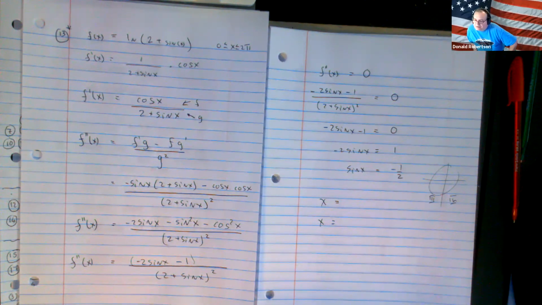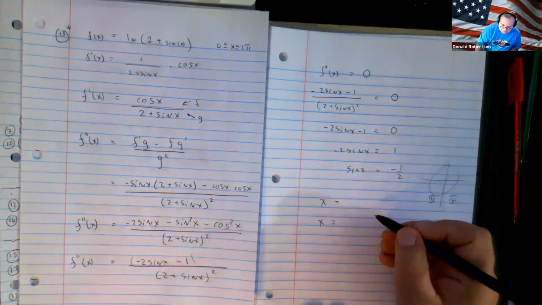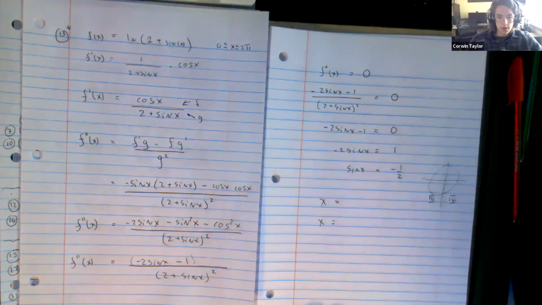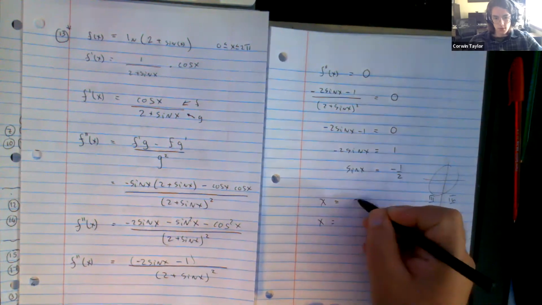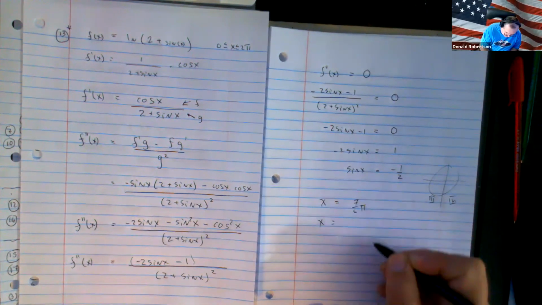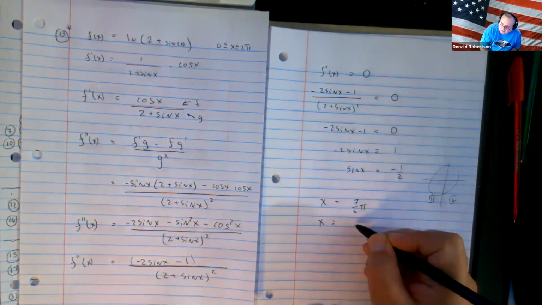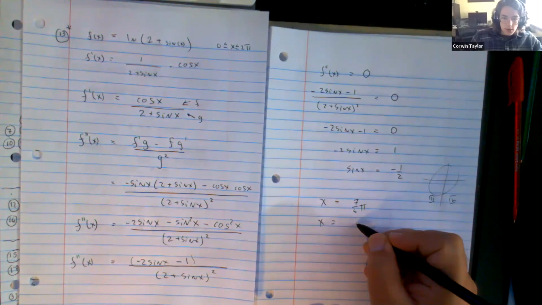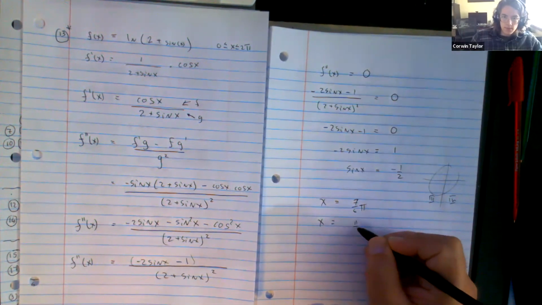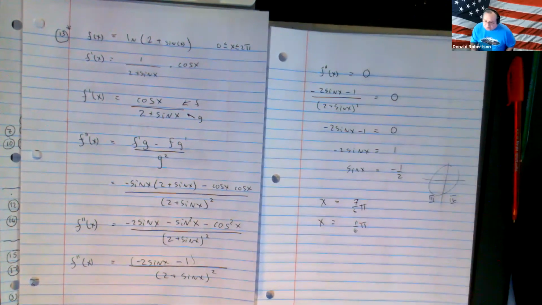Anybody got it at the top of their tongue? Matthew says in chat 7 pi over 6. Well done. And what's the other one? It's in the fourth quadrant. 11 pi over 6. We have nailed it. Well done.